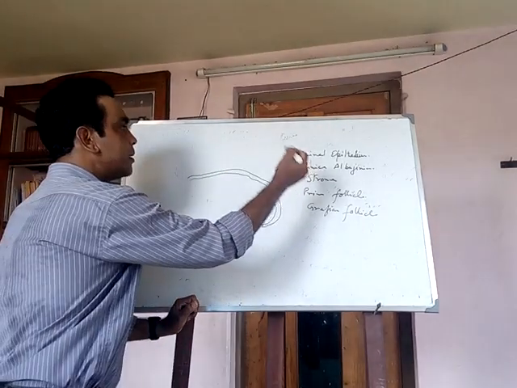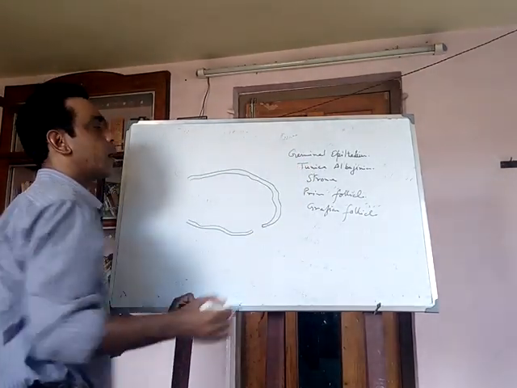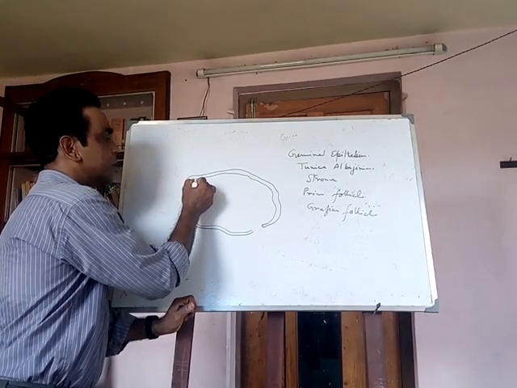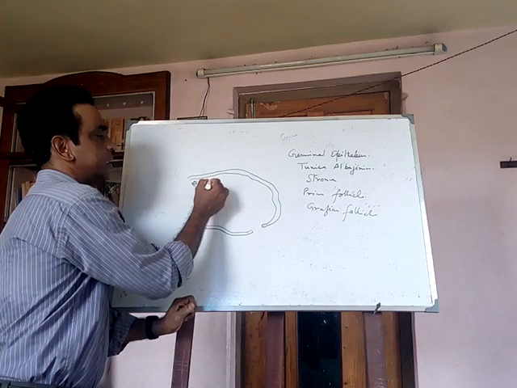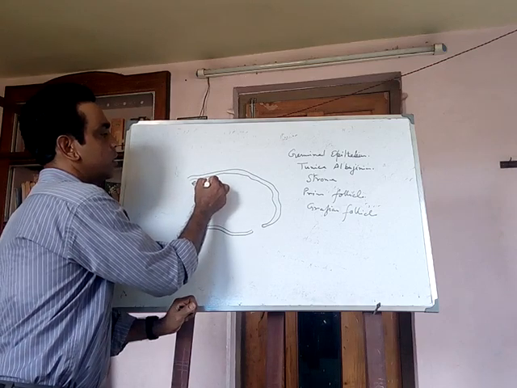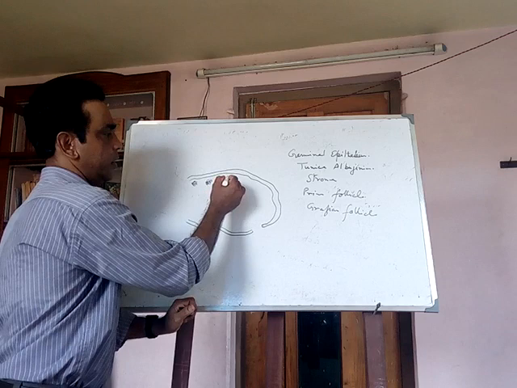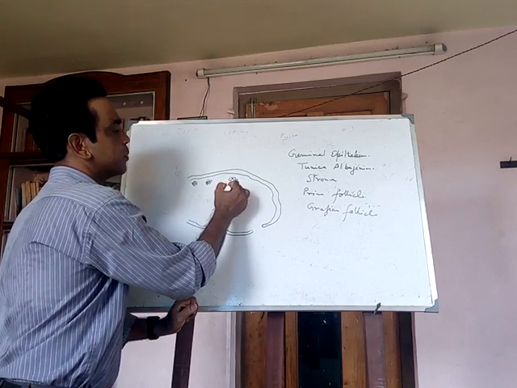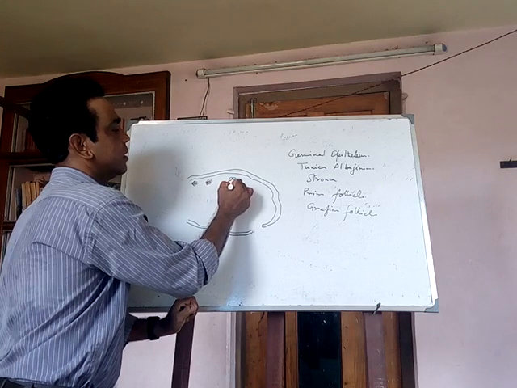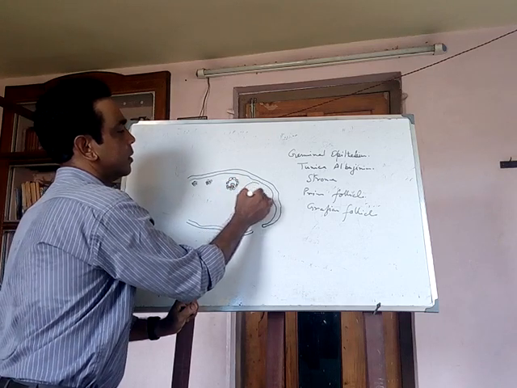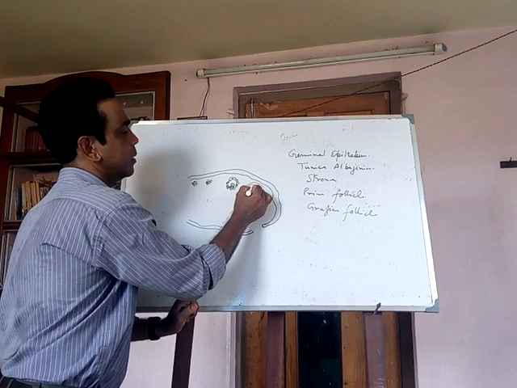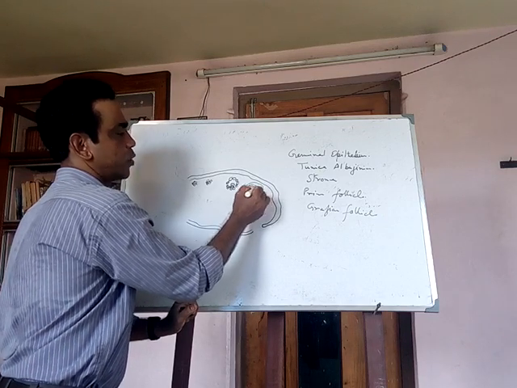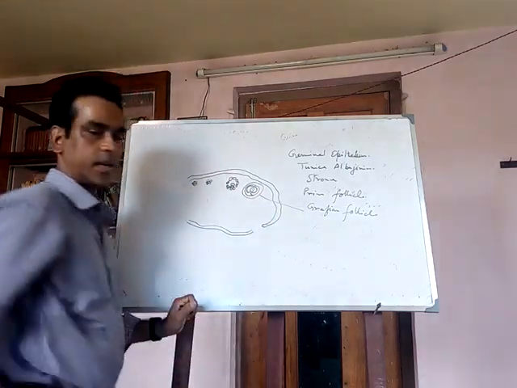After that, the stroma or matrix is present. The stroma cells produce the primary follicle. After its enlargement, it is called the Graafian follicle.